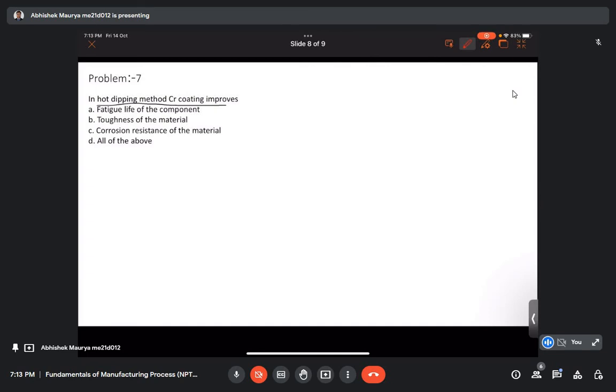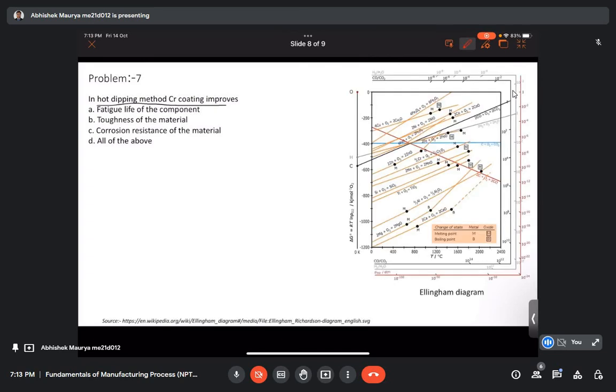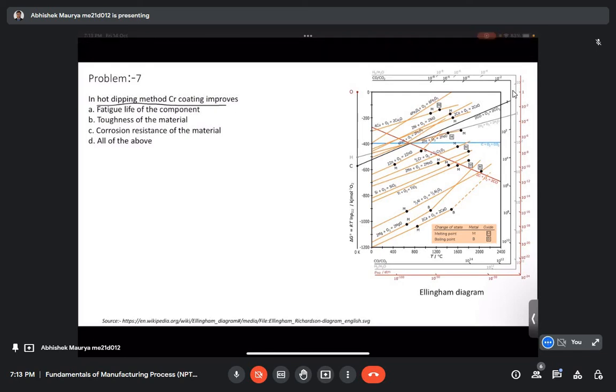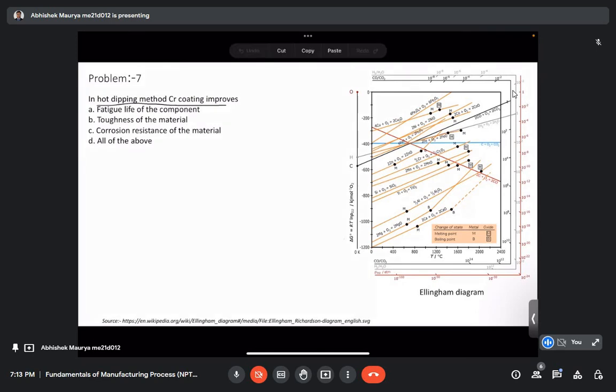To understand why it happens, let's quickly look at the Ellingham diagram. If you can recall, what is the Ellingham diagram? Basically, on the y-axis it shows the Gibbs free energy, or delta G, and on the x-axis it is temperature.